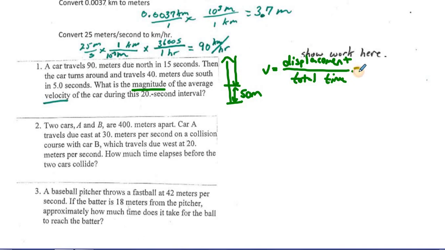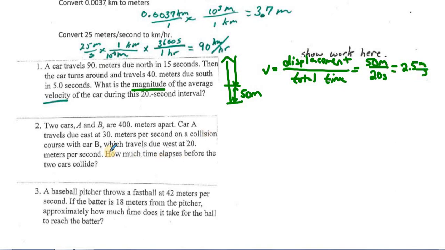So displacement over time, we have 50 meters, divided by 15 seconds and 5 seconds, so a total of 20 seconds. So 50 over 20, we get 2.5 meters per second.